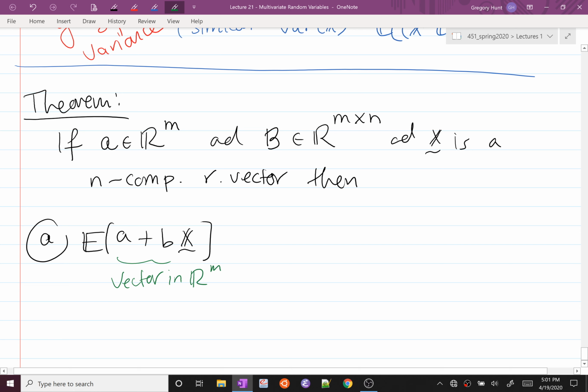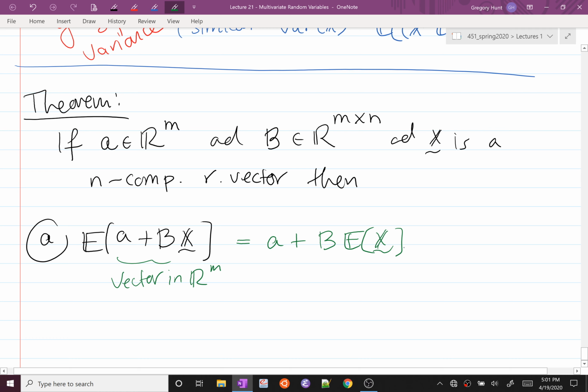Now it is in R^m. A plus BX is in R^m. And the theorem for expectation, which maybe is not too surprising, is that this is A plus, oh, sorry, it should be a capital B, right? It's A plus B times the expected value of X.